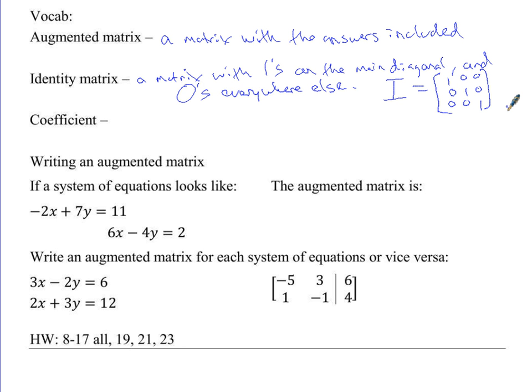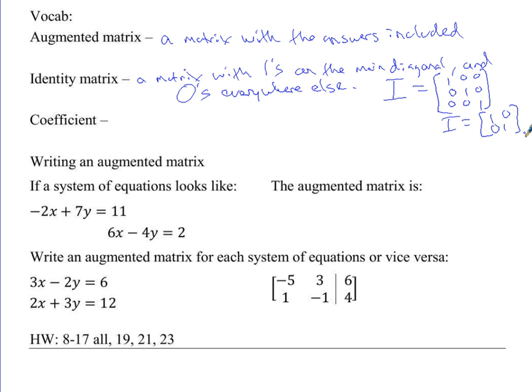Identity matrices are always what we call square matrices. They have the same dimensions, 3 by 3. 4 by 2 would not be square. 3 by 3 is square. So you could have another identity matrix of 2 by 2, and it would look like this. 4 by 4, same thing. The ones are along that diagonal.